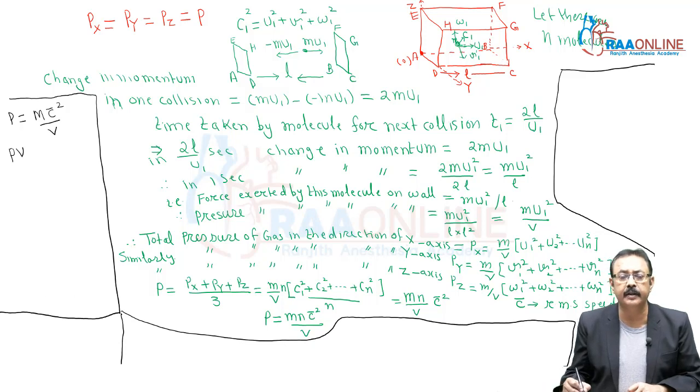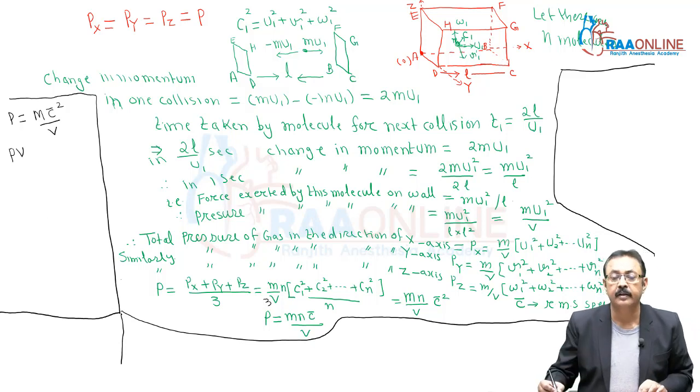We divided by 3, this 3 should be there. PV equals mn c bar square by 3.